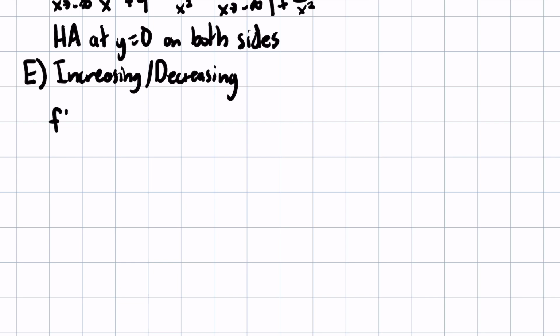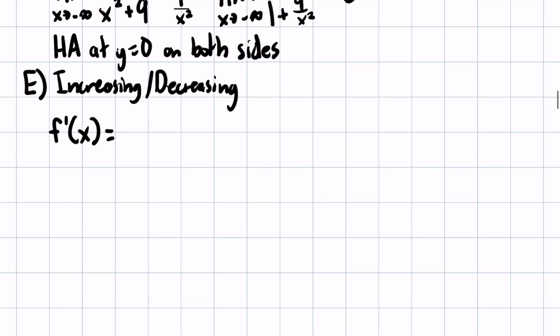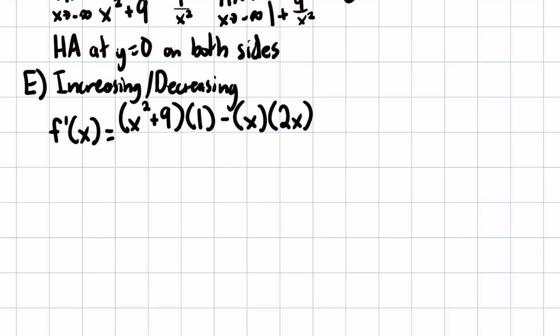So the first thing we have to do is just find f prime. So we are going to use the quotient rule here. So it's low d high minus high d low over low low. So we have the denominator, which is low, times the derivative of the numerator, derivative of x is 1, minus the numerator, so just x, times the derivative of the denominator, which is 2x, and then that's all over the denominator squared.